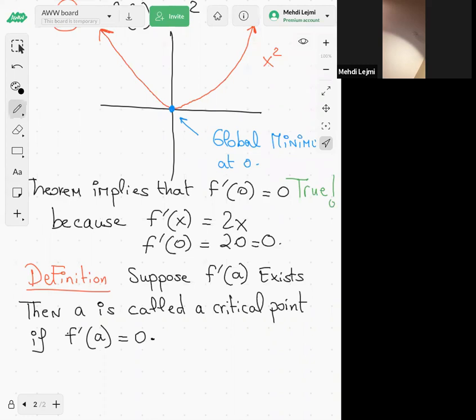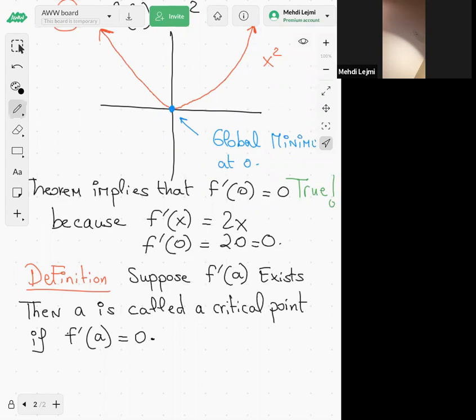So what I mean by critical points is the values of x where the derivative is 0. Of course, if you have a critical point at a, it doesn't mean that a is a global minimum or a maximum, right?